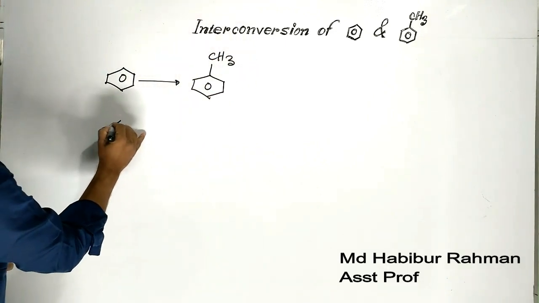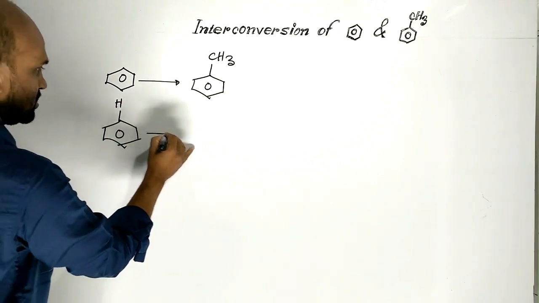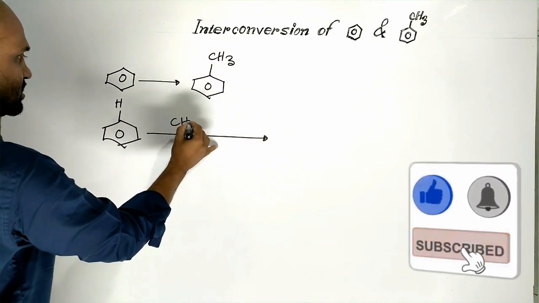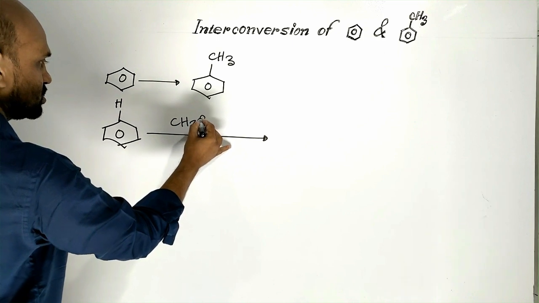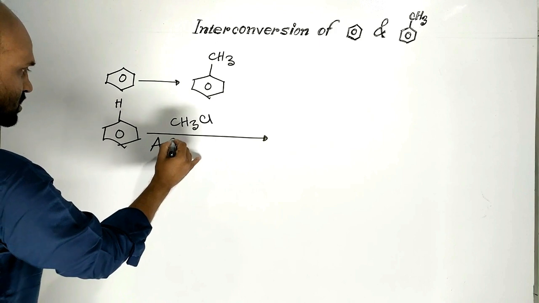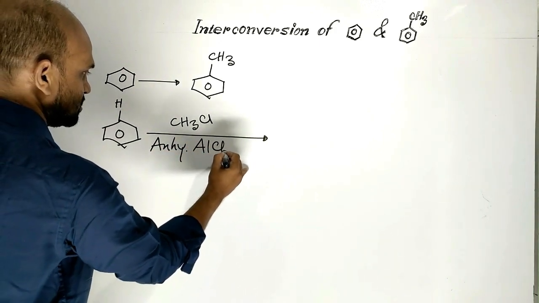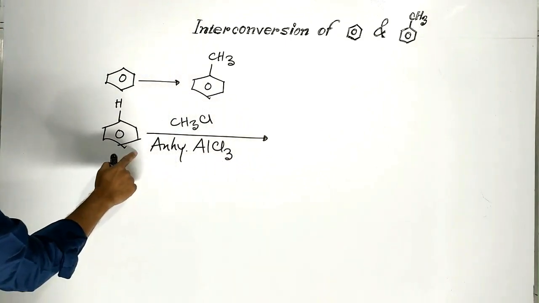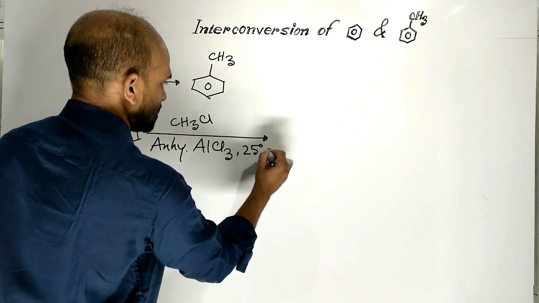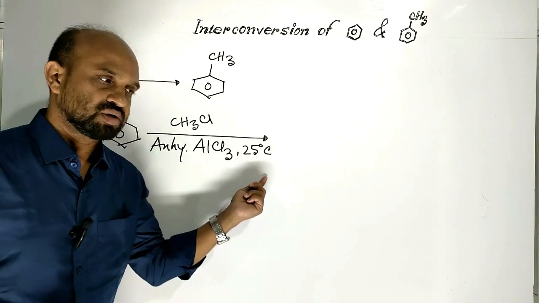In this case, benzene is treated with methyl halide, suppose methyl chloride, in presence of anhydrous aluminum chloride, and the reaction is conducted at room temperature, suppose at 25 degrees Celsius temperature.